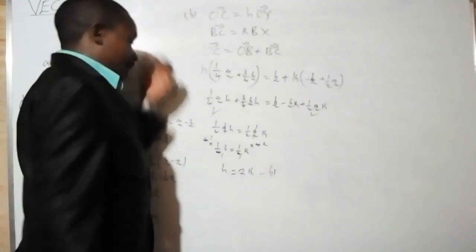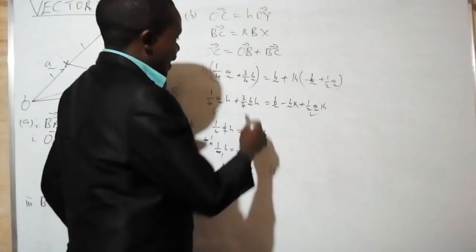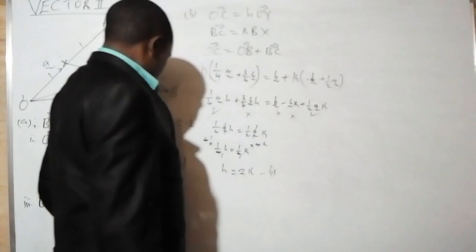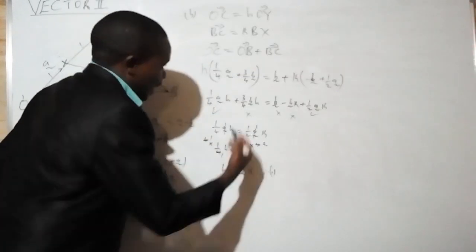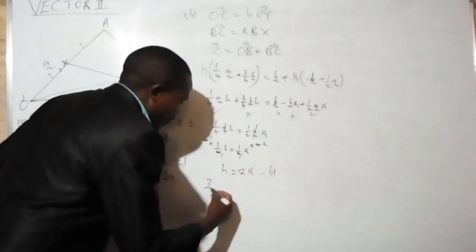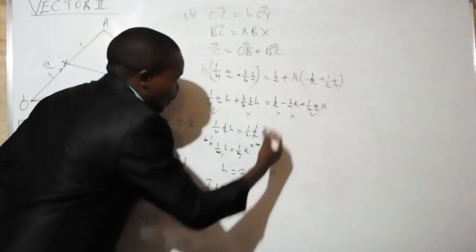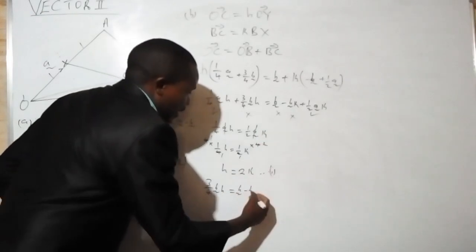Then you go to B's. B and B. We say that 3 over 4 vector B H is equal to vector B minus vector B K. B is common.